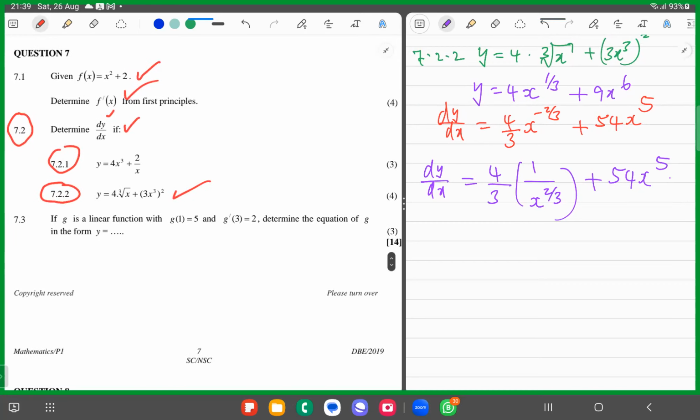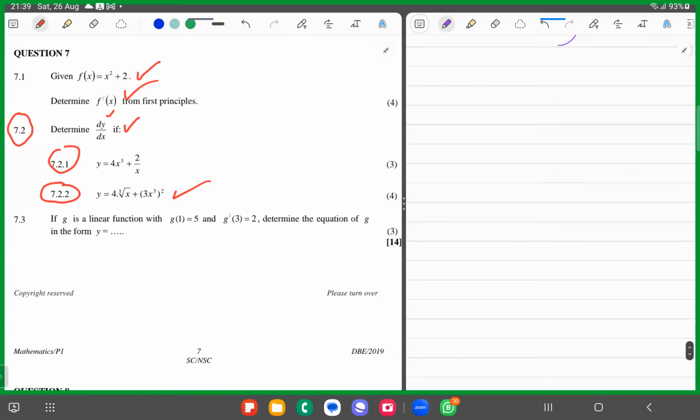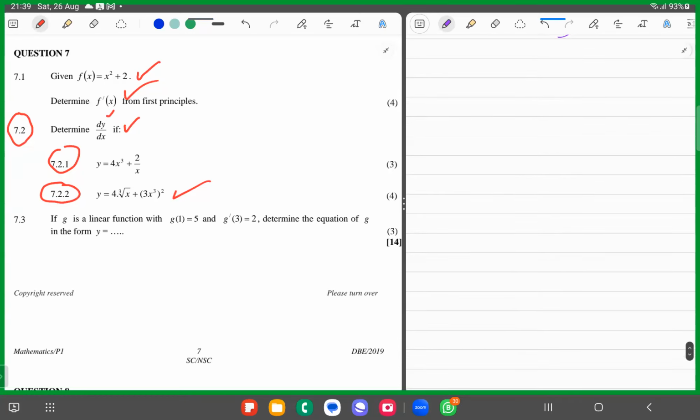So now we proceed to look at the next question about the linear function g. Let's look at that one. Right, so in 7.3, if g is a linear function with g of 1 equals 5 and g prime of 3 equals 5, determine the equation of g in the form given.